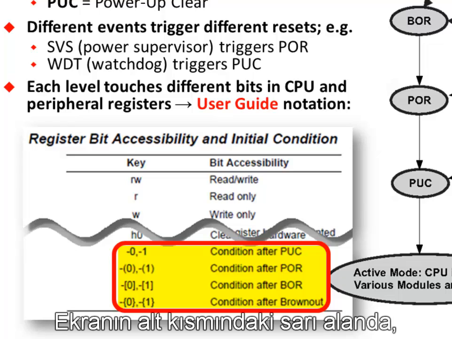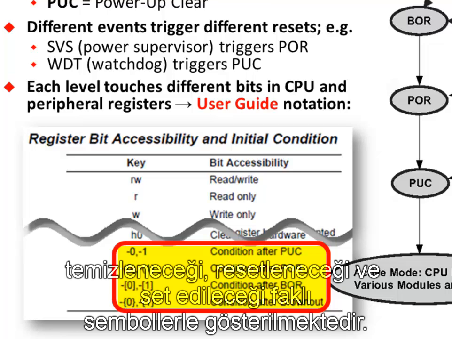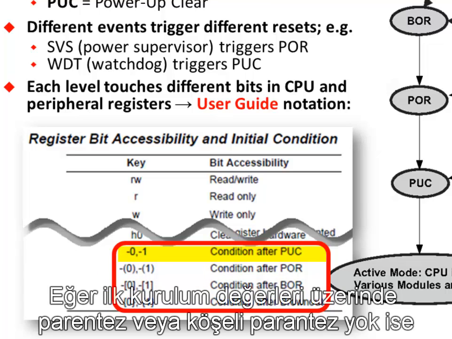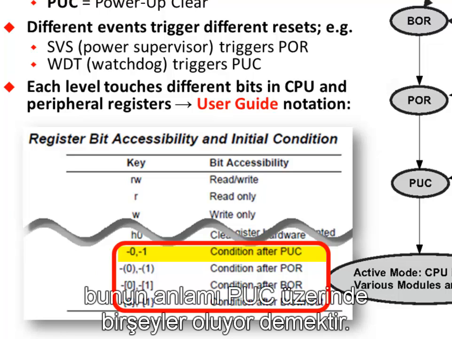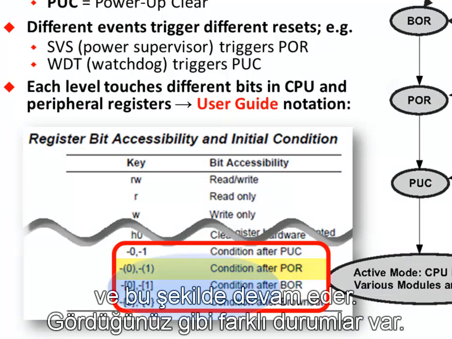And in the lower left-hand corner, where we have circled, we can see that different symbology allows us to determine what things get cleared or reset or set at a particular state. So if there's no parentheses or brackets or anything like that around the initial condition values, that's something that happens in PUC. If we use parentheses, it's POR, and so on.